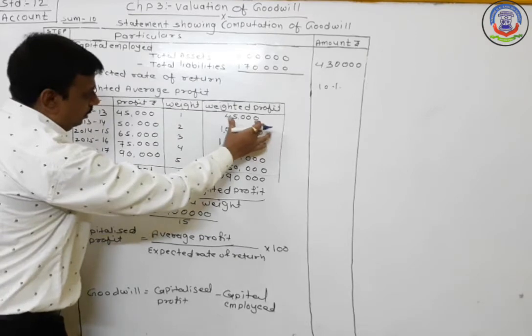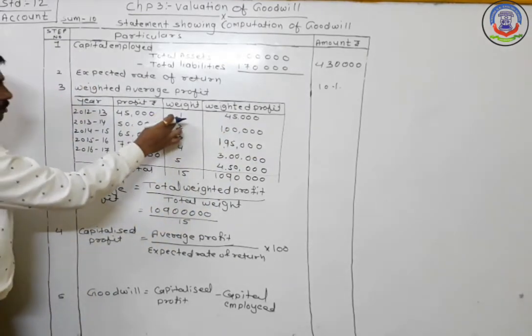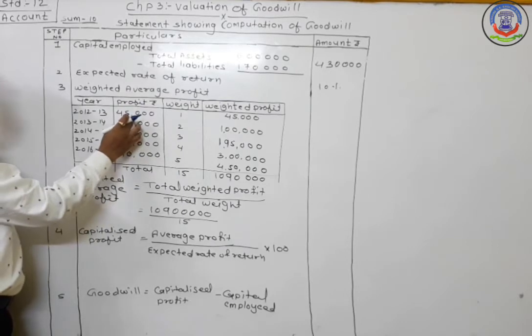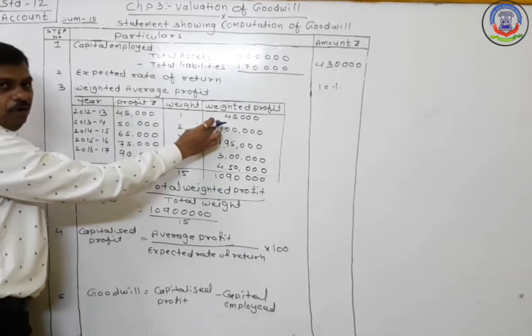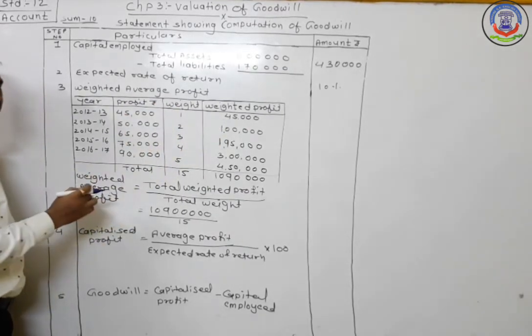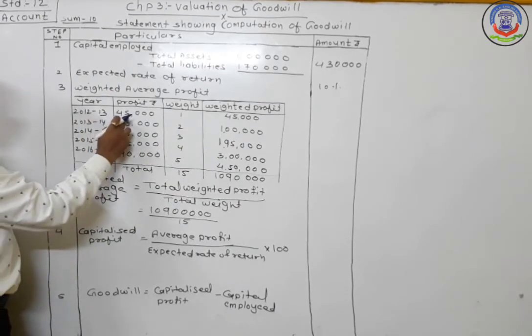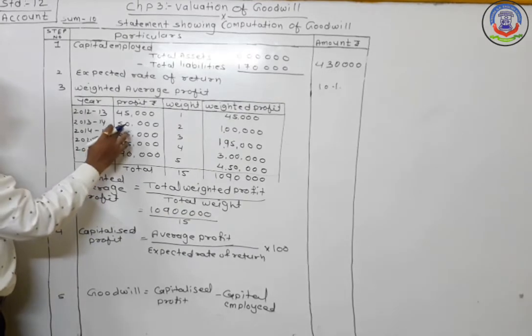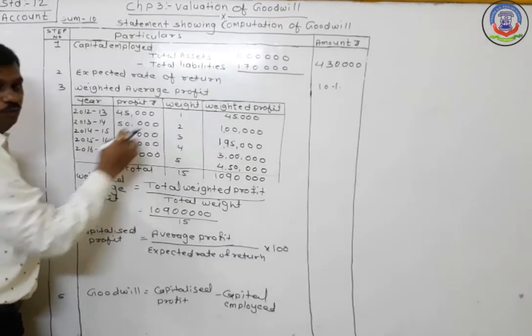Now weighted profit: weight multiplied by profit, we can find the weighted profit. For the first year, 45,000 multiplied by 1 is 45,000. For the second year, 50,000 multiplied by 2 is 1 lakh.